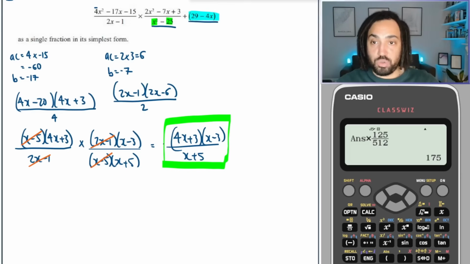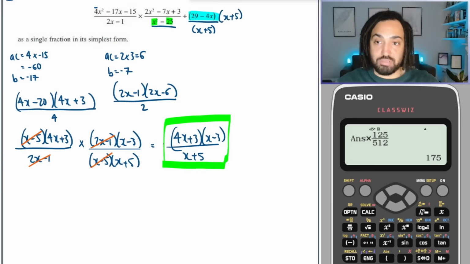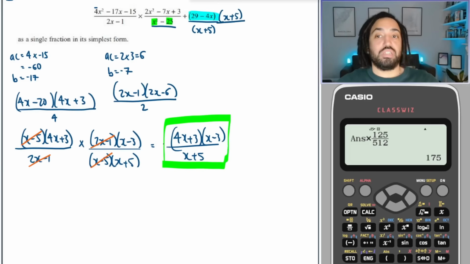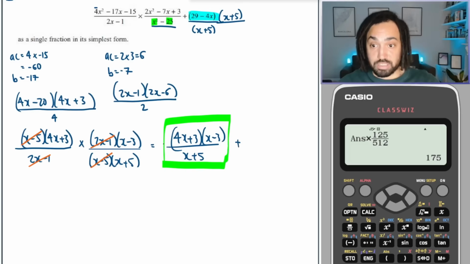And we can force it to have the same denominator by writing that on the bottom and writing that on the top. So I haven't changed the value of that blue bracket because I've timesed it on the top and the bottom, which could essentially cancel out if we wanted them to, but we don't want them to cancel out because we want it to be like this so that we can add them.